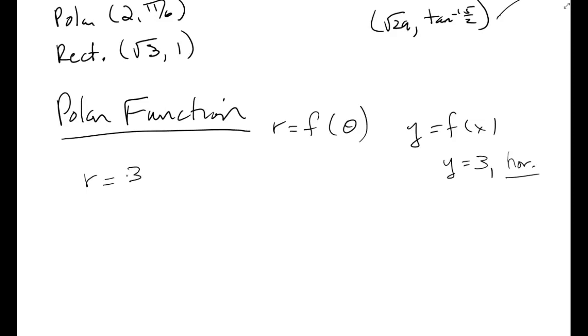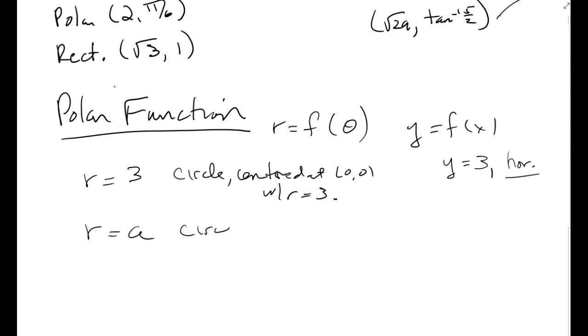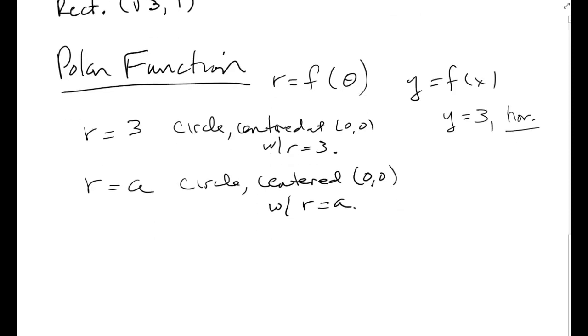Well, what do you know has a radius that's always the same thing? Right, that is a circle centered at 0, 0 with radius equal to 3. So the function r equals a is simply a circle centered at 0, 0 with radius equal to a. That's your most simple polar function.